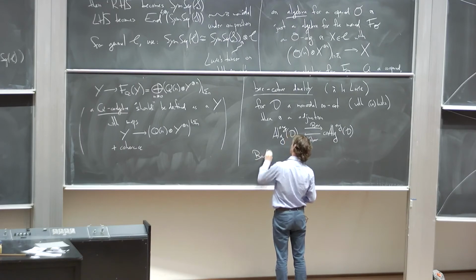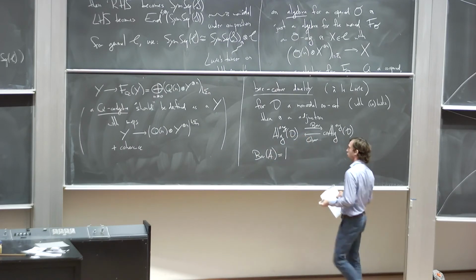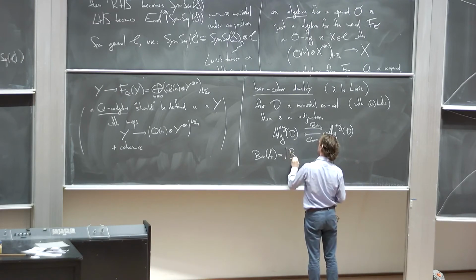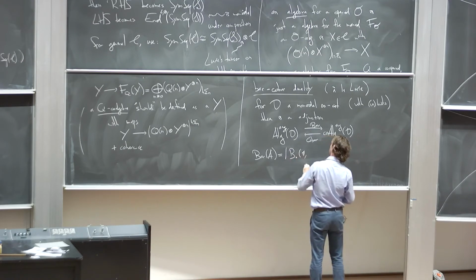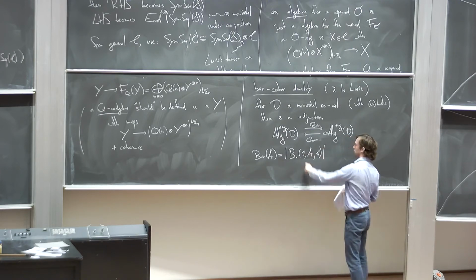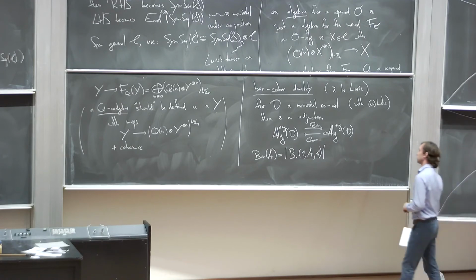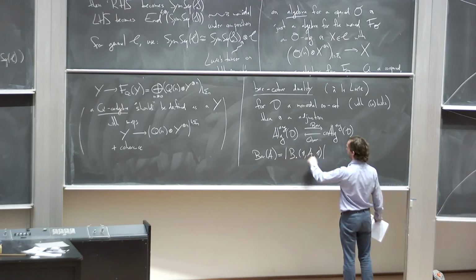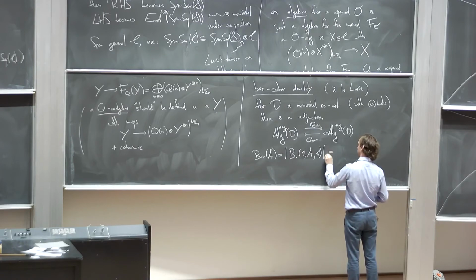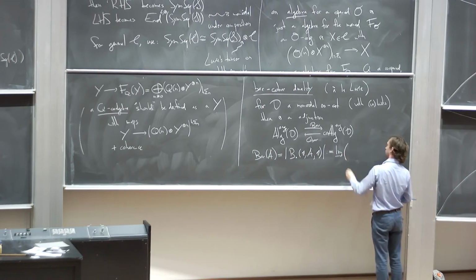Okay, so Bar A is the geometric realization, meaning the colimit of a certain simplicial object. It's a simplicial object that would be commonly denoted like this, as a two-sided bar construction. Here, this boldface 1 is just the monoidal unit of this category. This is the two-sided bar construction of 1 and 1 over A. By definition, it's just the colimit of a simplicial diagram that looks like this.